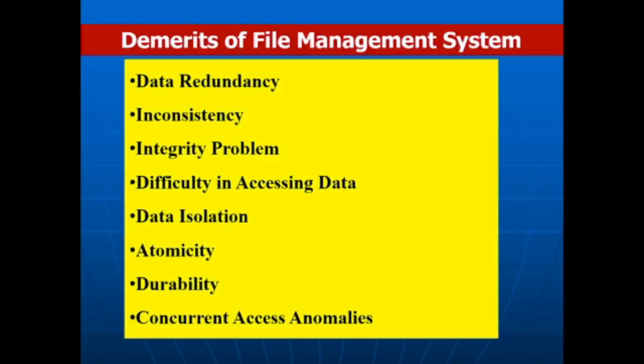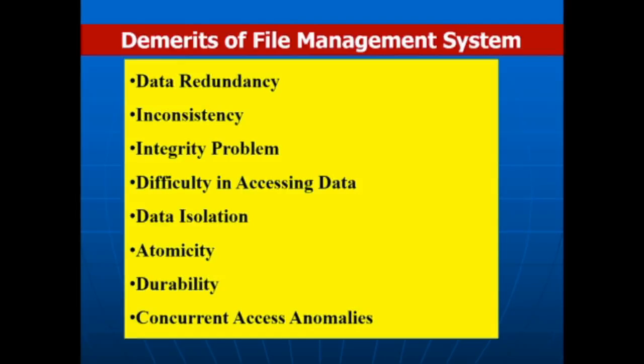What is data redundancy? Repeated data or unwanted data. When we go for database system, we have the normalization process. By means of normalization, we can reduce the redundancy. Completely eliminating data redundancy from the database is not at all possible, but still you are able to reduce the redundancy.